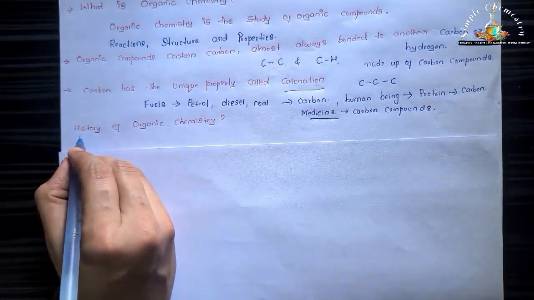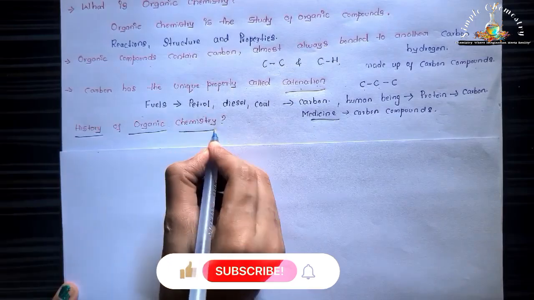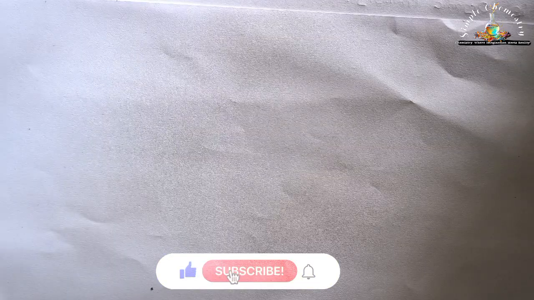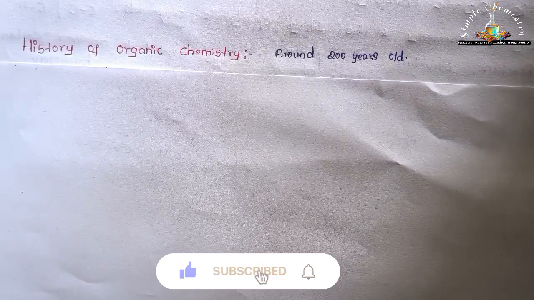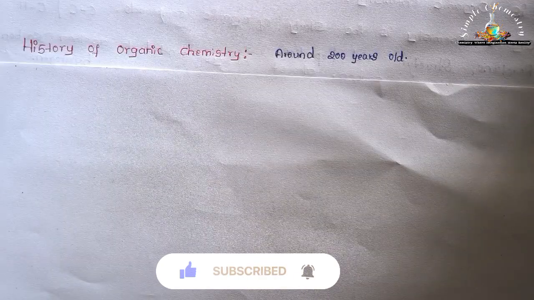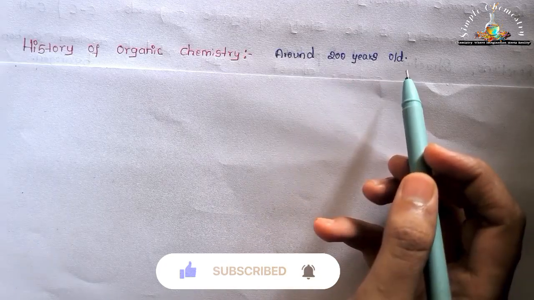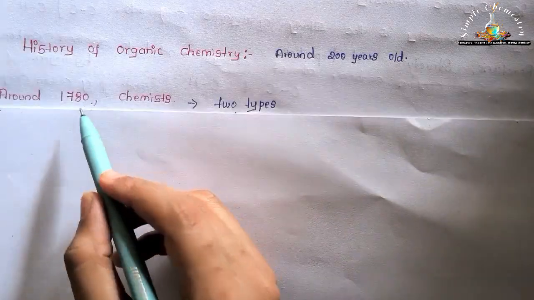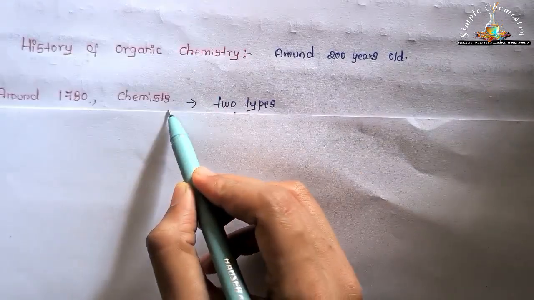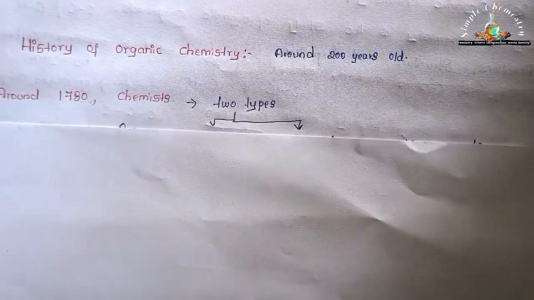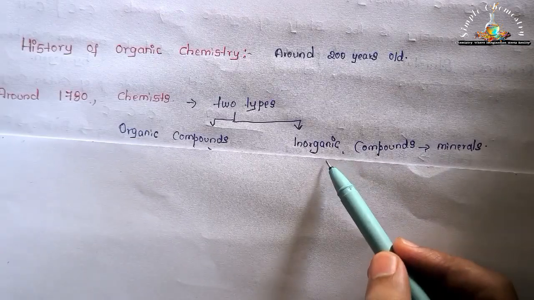Next we will see the history of organic chemistry. The science of organic chemistry is about 200 years old. Around 1780, chemists divided compounds into two types: organic compounds and inorganic compounds.